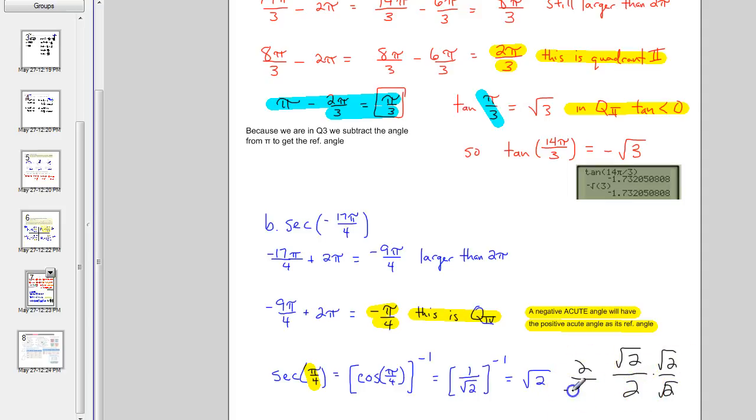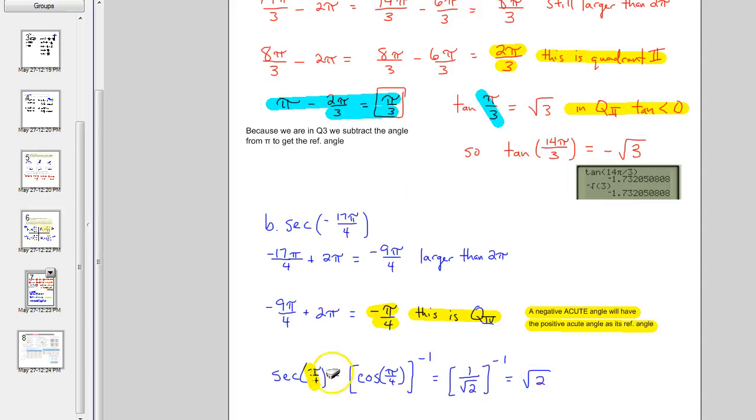And on the bottom we have a 2 times the square root of 2, and the 2's cancel, and leaves us with 1 over the square root of 2. So square root of 2 over 2, 1 over the square root of 2, the same thing. I'm using the version that's 1 over the square root of 2 because I'm needing its reciprocal, and it's easier to see the reciprocal here is just going to be the square root of 2.